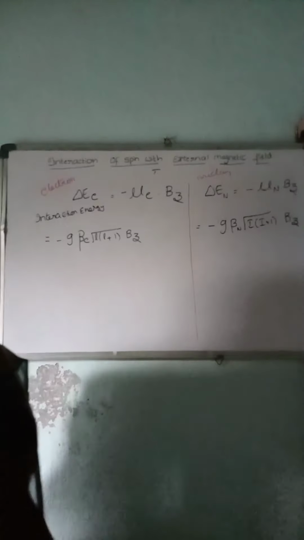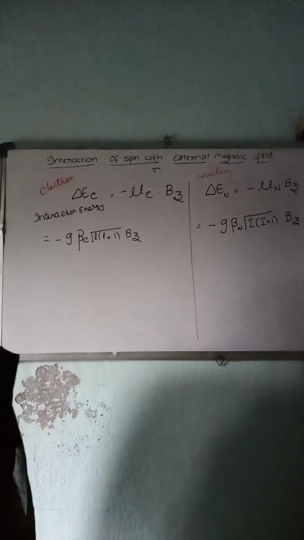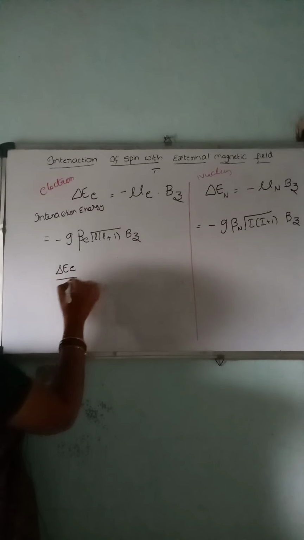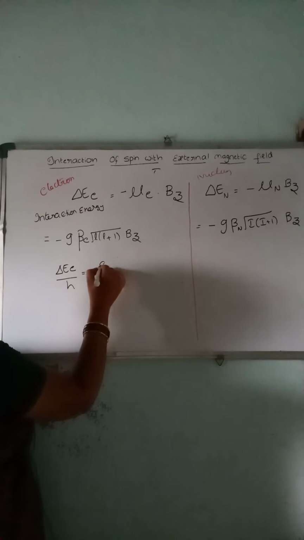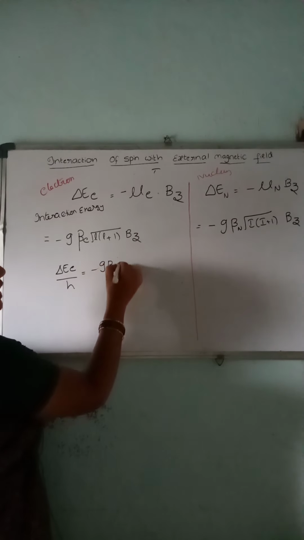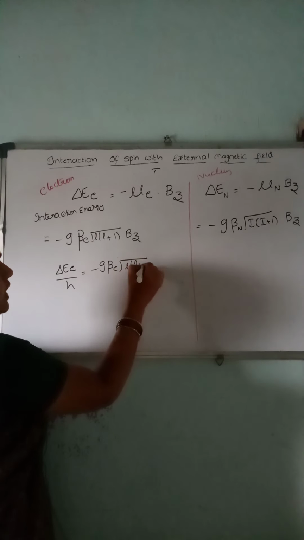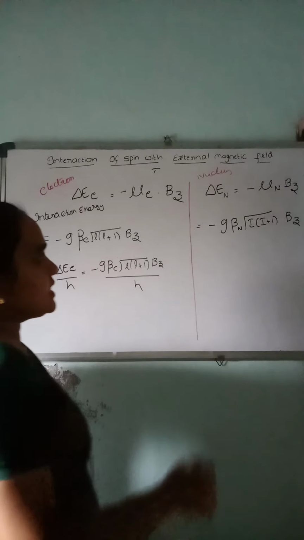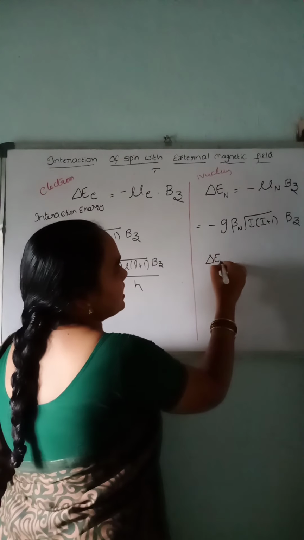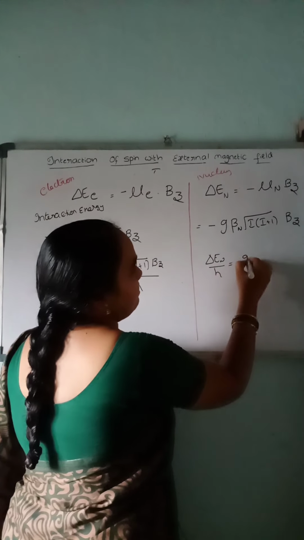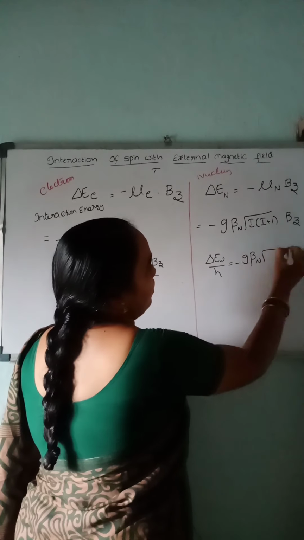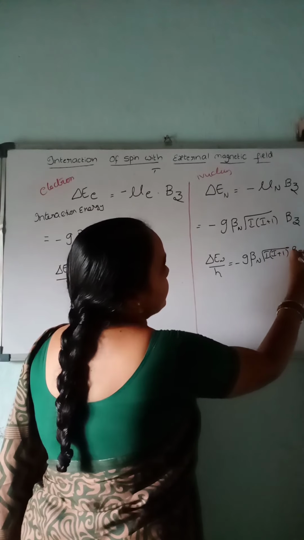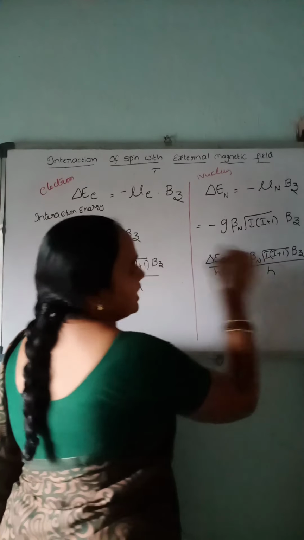Let us divide these two interactions by h. So delta E by h is equal to minus g beta e root of L into L plus 1 Bz divided by h, whereas delta E n by h is equal to minus g beta n root of I into I plus 1 Bz divided by h.